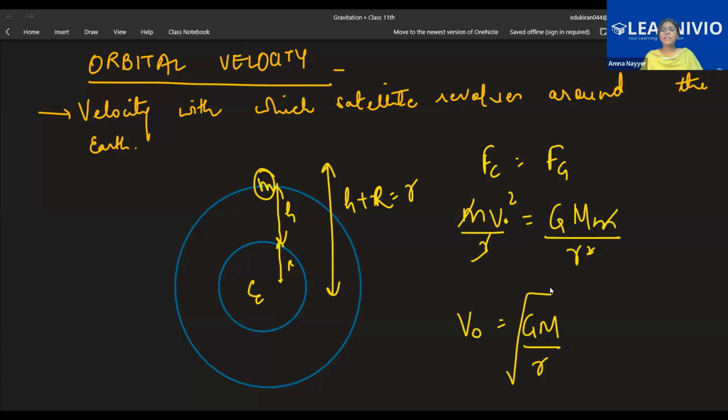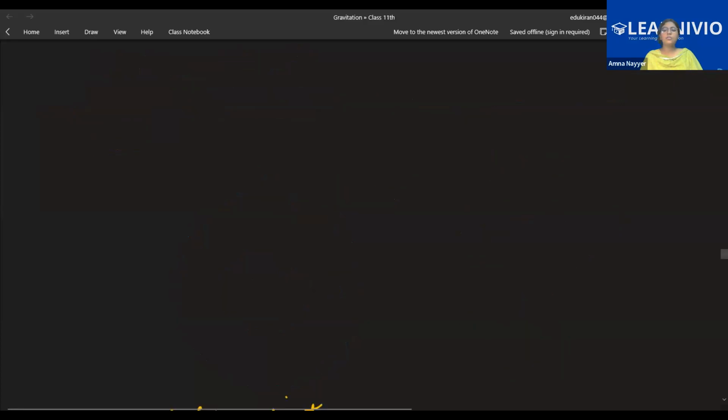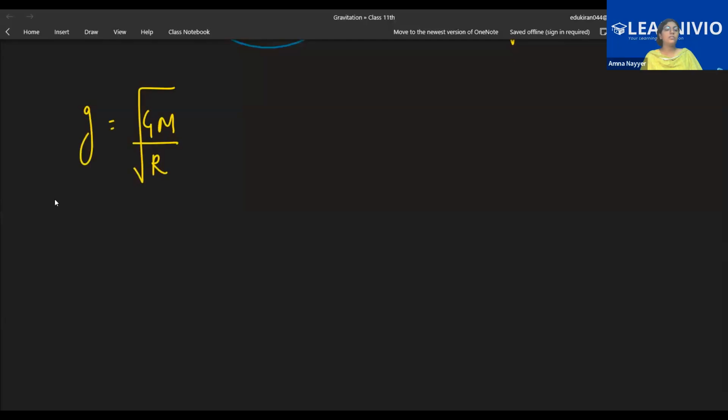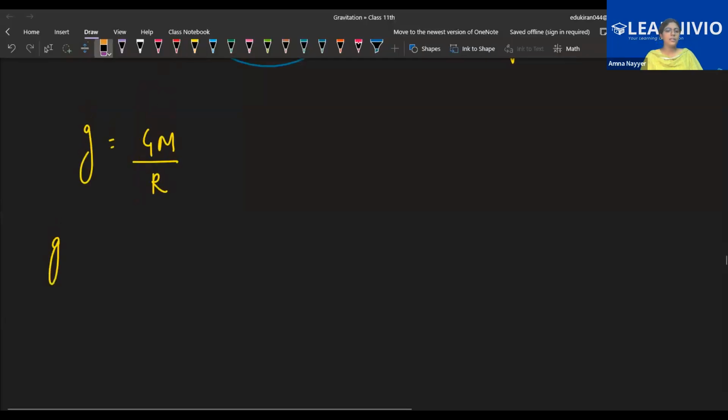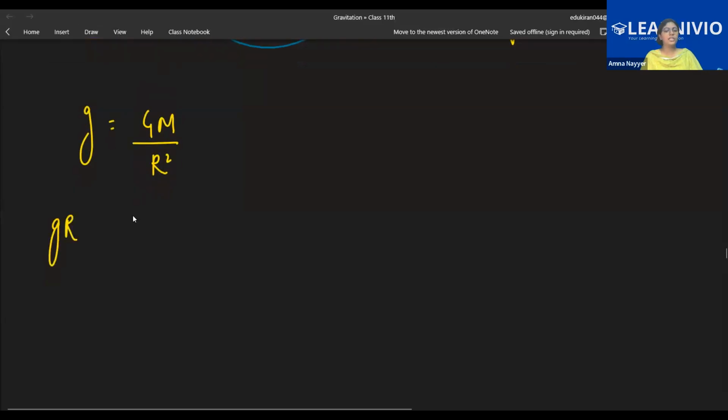Again, we'll replace this with the acceleration due to gravity. This is root of g R square by R. From here, we'll get the value, not under root, g is equal to GM by R square, so we'll put the value of g R square as GM.